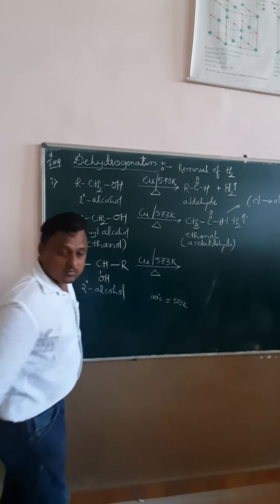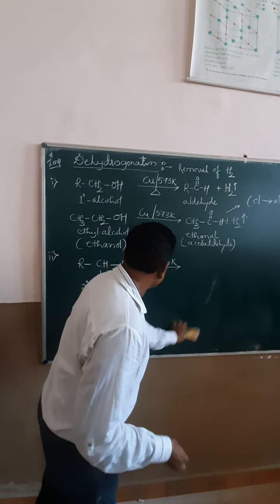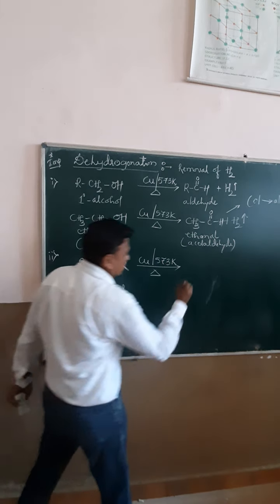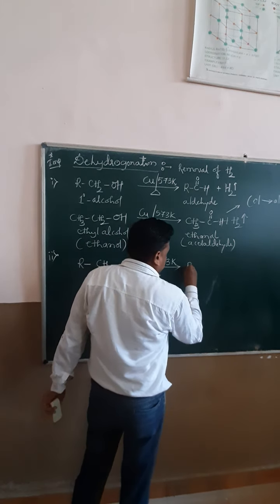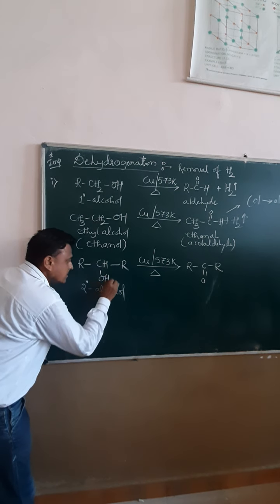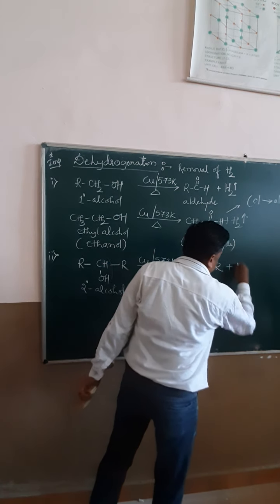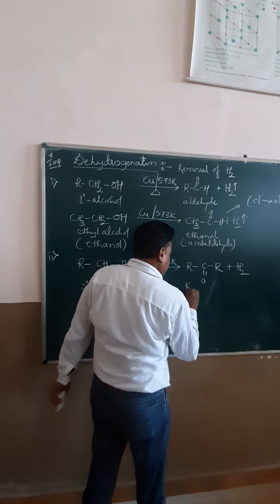Okay friends, when a secondary alcohol is heated with copper, the compound formed is a ketone, by removal of this hydrogen.